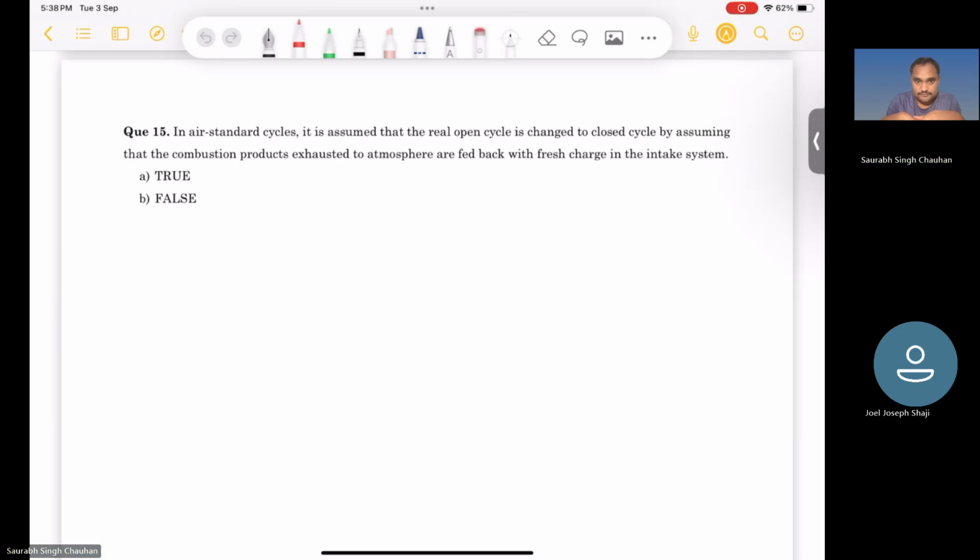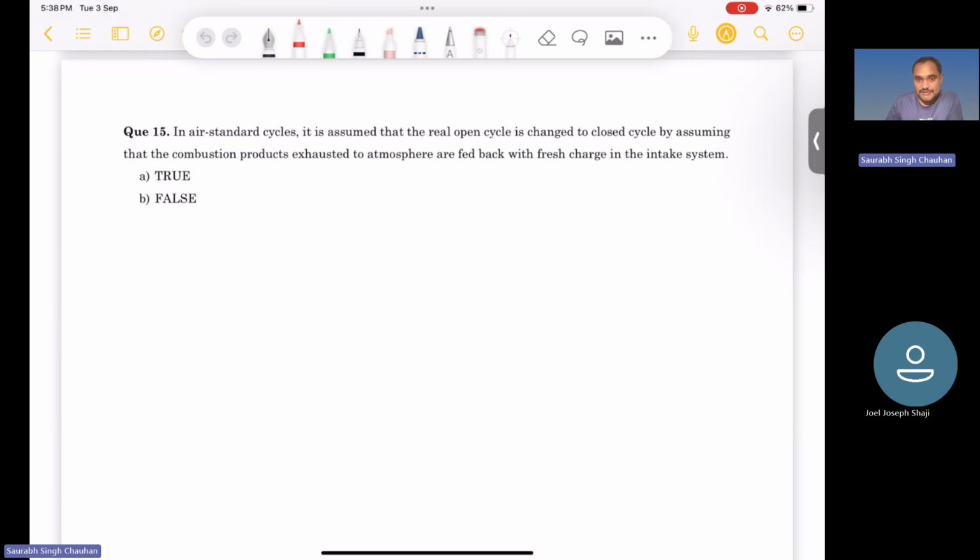So this is what is being asked in the question. In air standard cycle, it is assumed that the real cycle is changed to a closed cycle. In the air standard cycle it is a closed cycle, but the real cycles are not closed cycles. So how is this changed from open cycle to closed cycle?